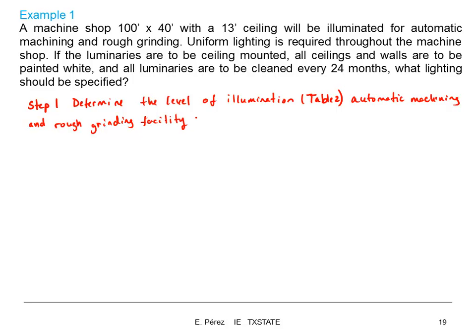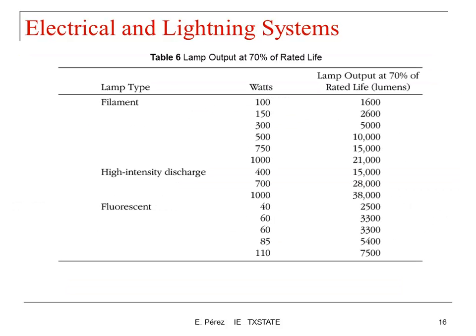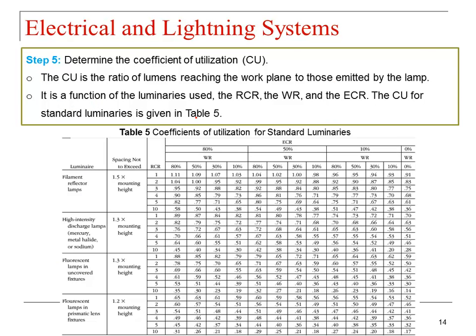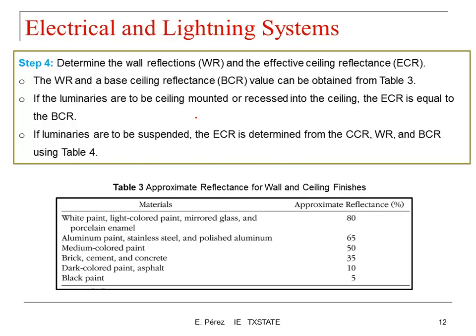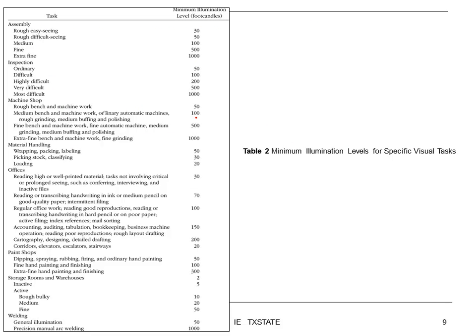So based on this information, we can go to table 2 and find out which of these describes the type of facility that we have. So we have a machine shop, in medium base and machine work, pneumatic machines, rough grinding. So this is the description that matches our facility.